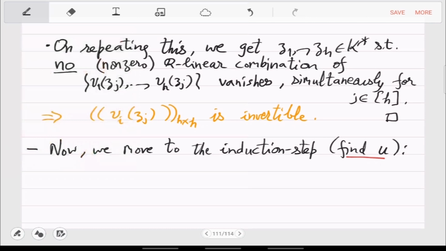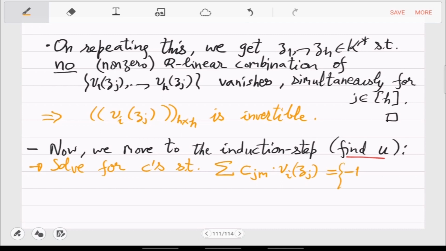So let's solve the following equation. Solve for c's such that the sum over j of cjm times vi(zj) is equal to -1 if i is m, and 1 otherwise.